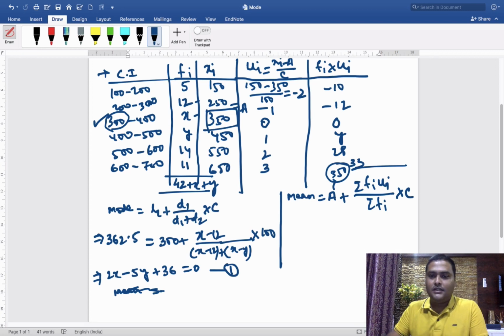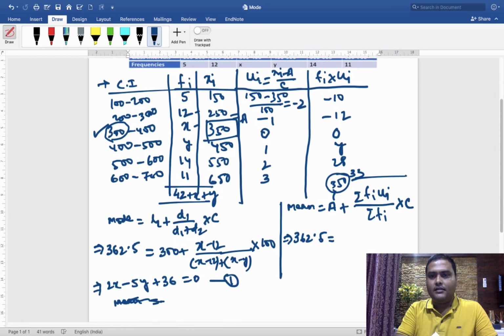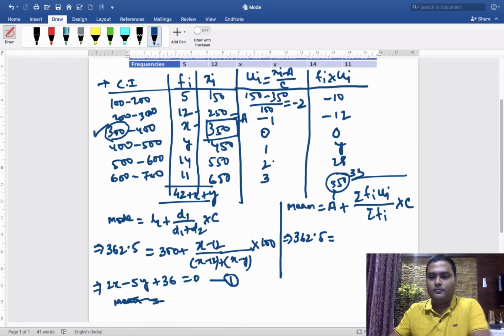So here we can see the mean is given. The mean value is this one, 418.75, correct? Yes. So 418.75 equals a, which is 350 assumed mean, plus summation of fi into ui, right?